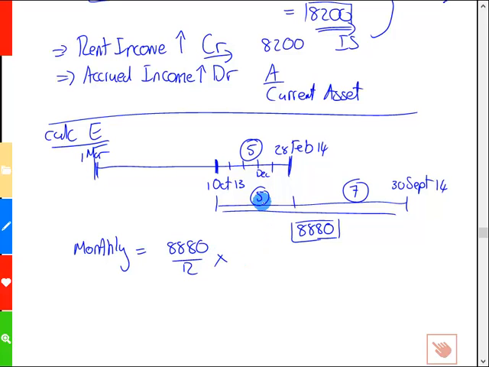We want the amount for 5 months. So insurance incurred equals that times 5, 3,700.